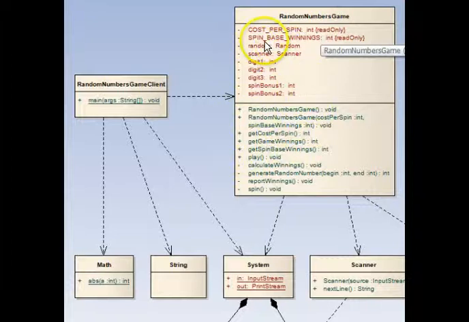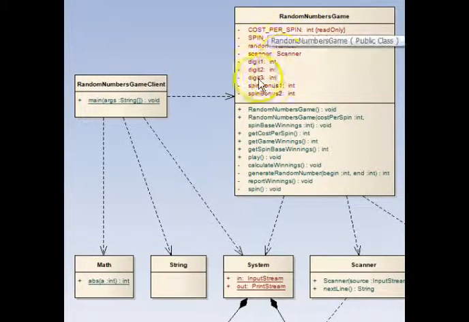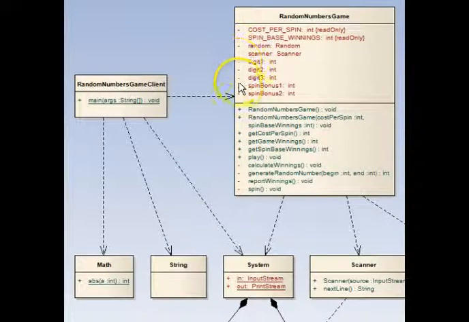Looking closer up at the random numbers game class, here again in red is the data, and here in green are the functions. These symbols to the left represent their access. A minus sign is private. They are not viewable from outside the class.